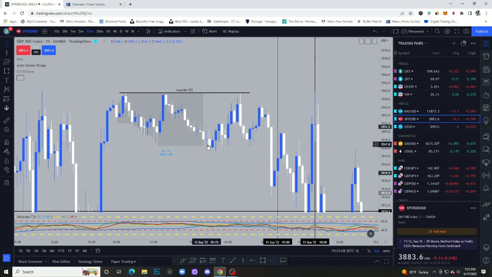This is actually the London session. This is the start of the London session, like from 1 to 2 a.m. all the way to 5 a.m. Right here, you see this break below the low that was set in the Asian session range. The first day's low was broken in the London session. We'll take it out, and now it's heading higher.